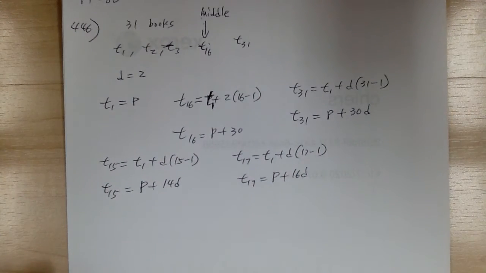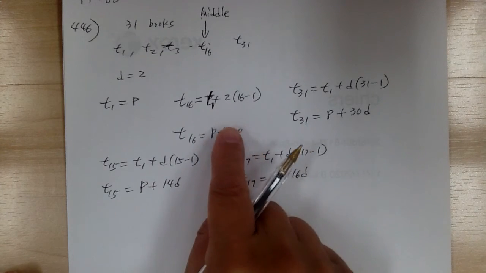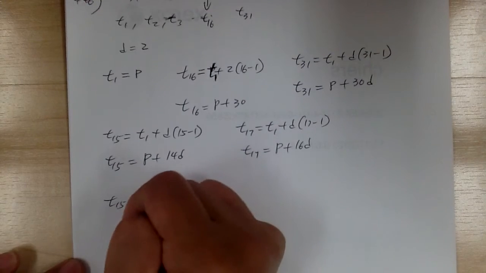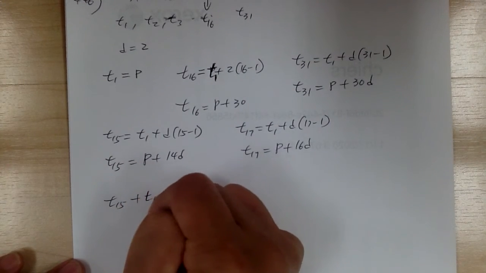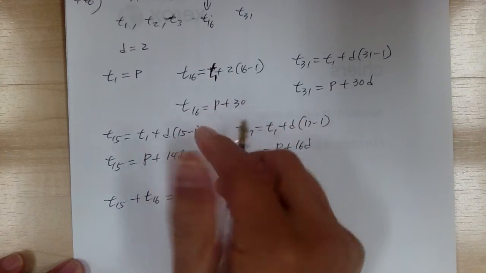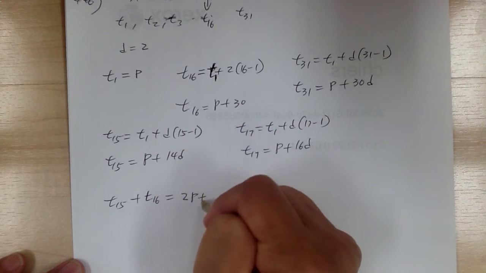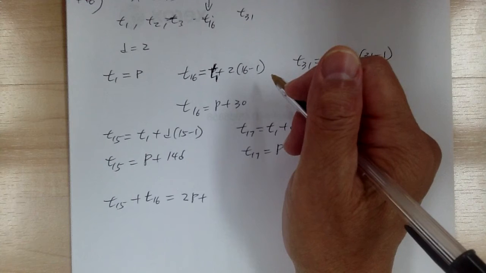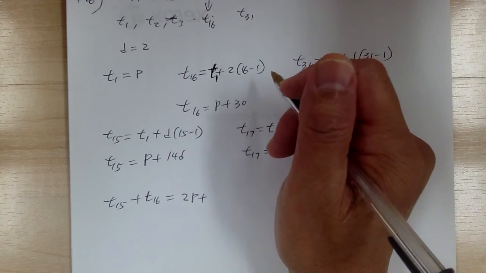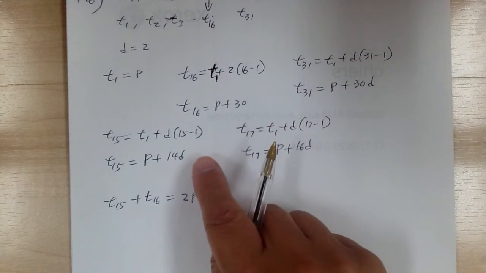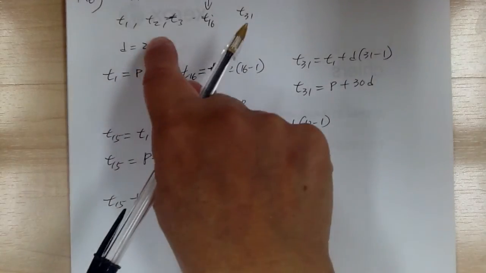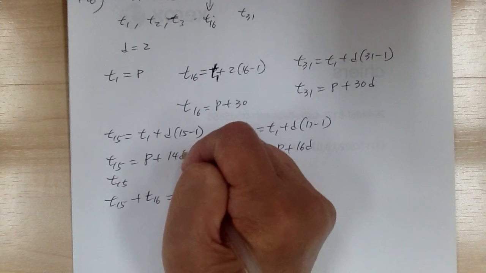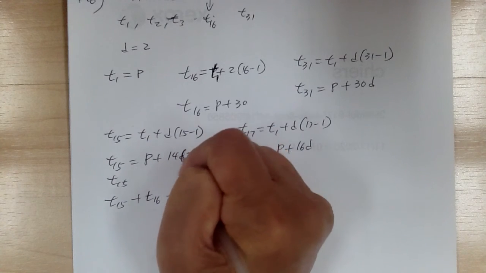Okay. So now let's see what happens when you combine these two together. T15 plus T17, you add these two together, you get 2P plus 30D. We know that D equals 2.